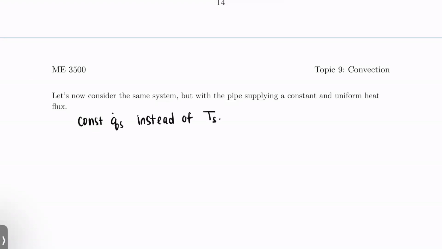I'm not going to do that derivation. I'm going to skip it. And the result is the following. So we get Tm of X is equal to Tm in plus q dot s pi times D over m dot Cp times X. It's simpler.